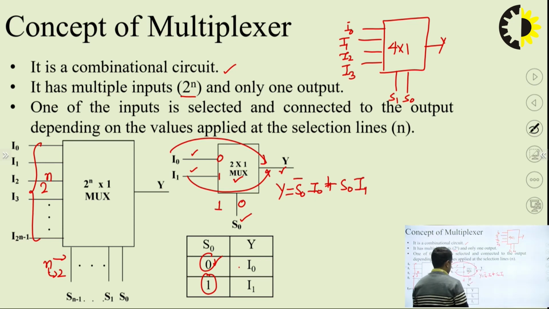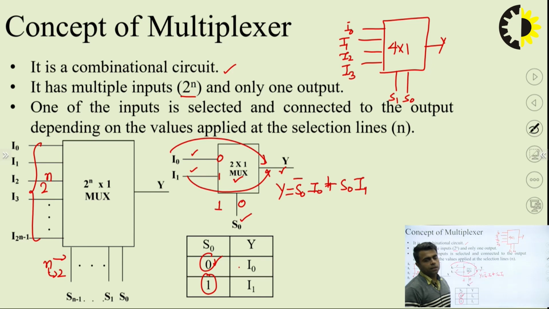So this is the expression and we can make a circuit for the same, but the main thing is we are not covering the basics of multiplexer. We are mainly focusing on how this multiplexer can be used to realize various combination circuits.